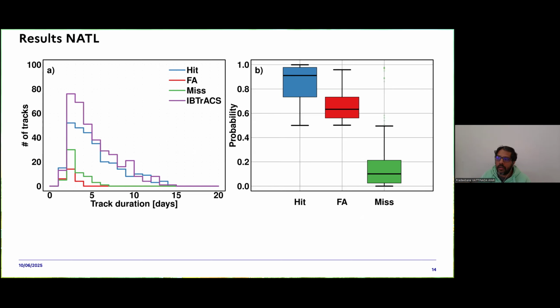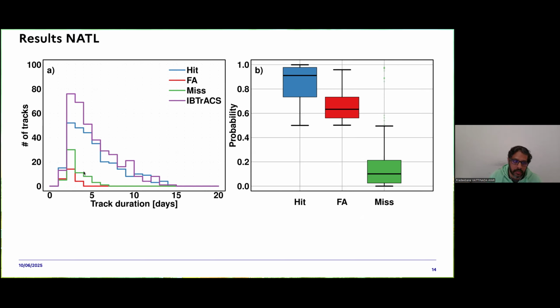Then I want to look into some statistics of the tracks. On the left, we have the histogram of the tracks by duration: observations in purple, the misses in green, the false alarms in red, and the hits in blue. What we can see is that the tracker is quite good with strong and long cyclones, but it has more difficulties with the short ones.